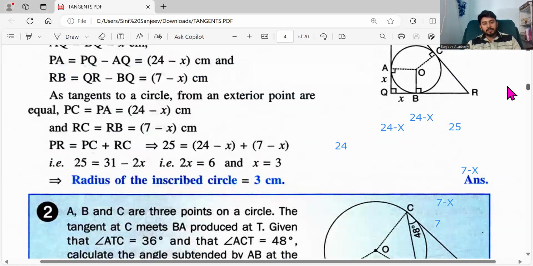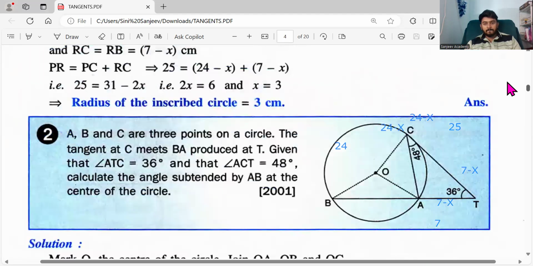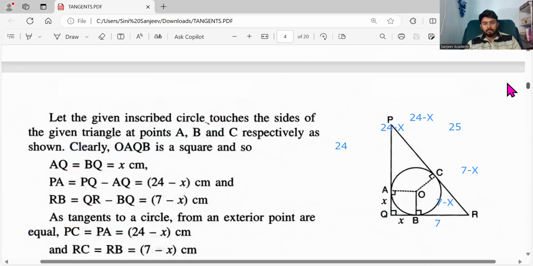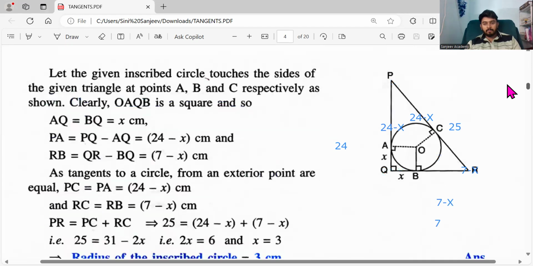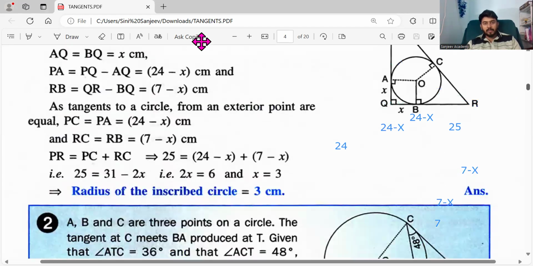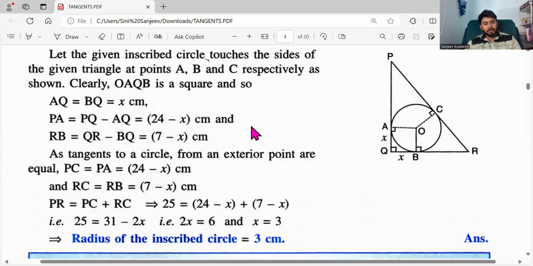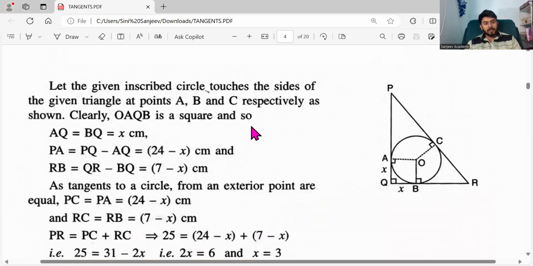So x value here is 3 centimeter. 2x is equal to 6, x is equal to 3. I'll just clear the notation. So if you have any doubt in that, just go a little bit back and you will be able to get it. So that is the radius.